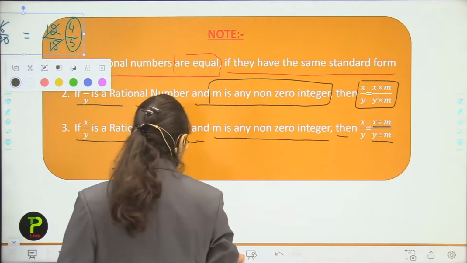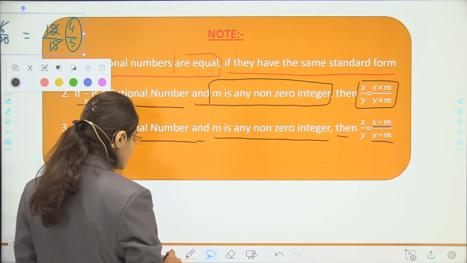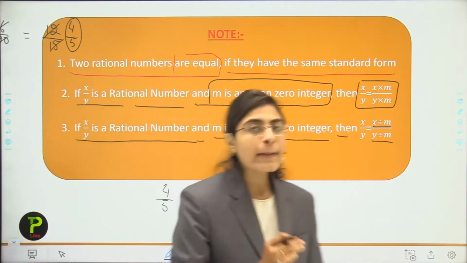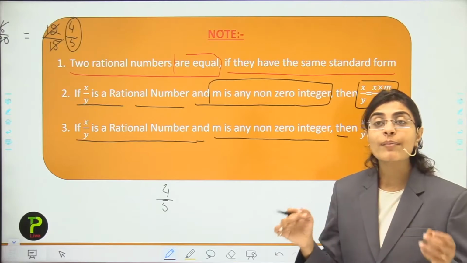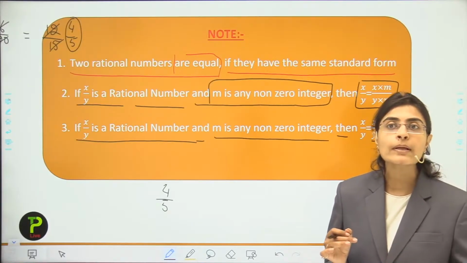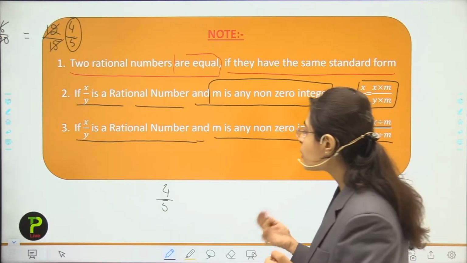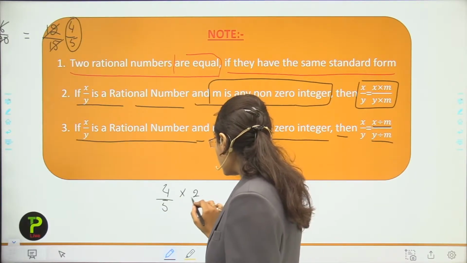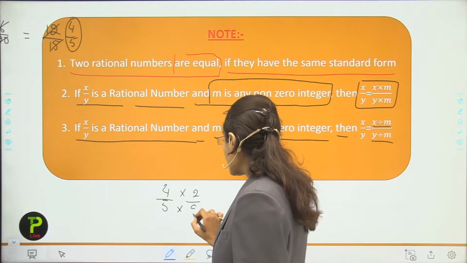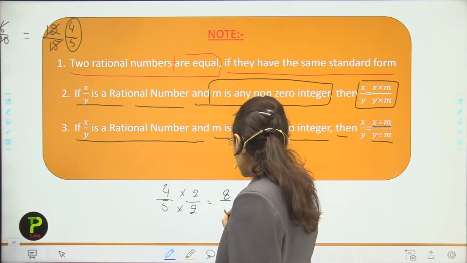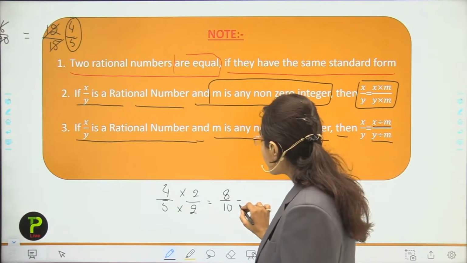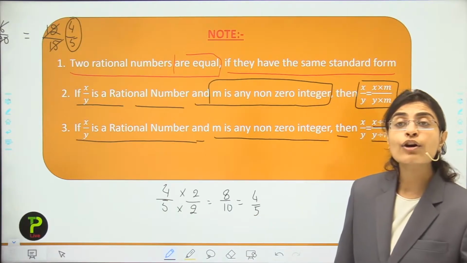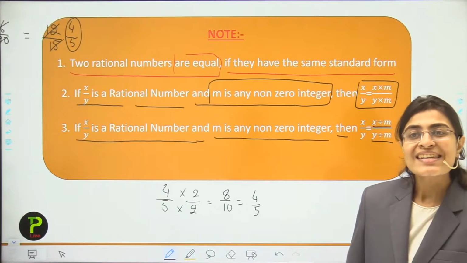Let us take an example like 4 by 5. If I multiply the numerator and denominator by the same non-zero integer, let us take 2, here 4 into 2, 5 into 2, it will be 8 by 10. And it will be equal to 4 by 5 only. The value of the fraction will remain the same.